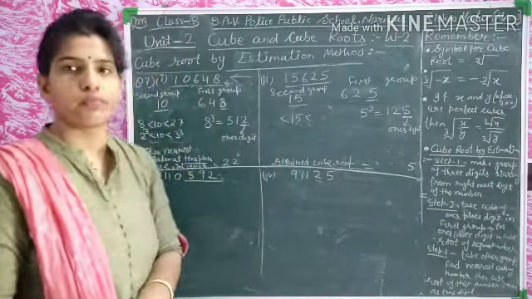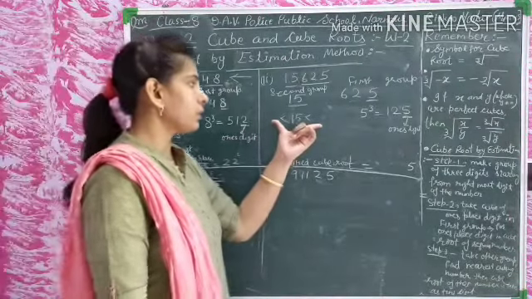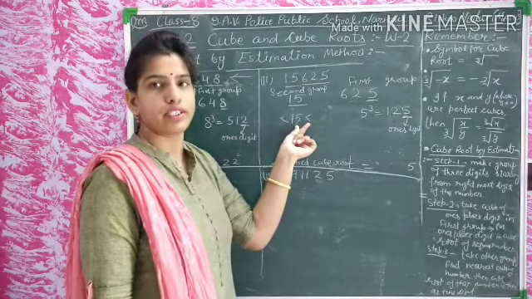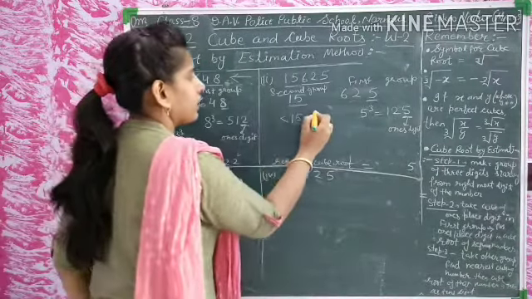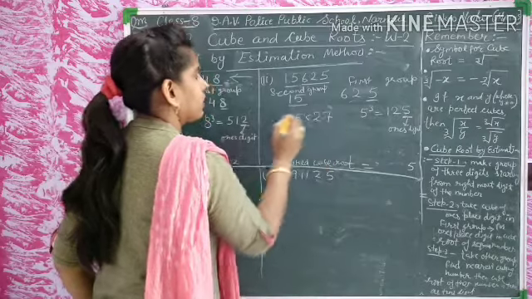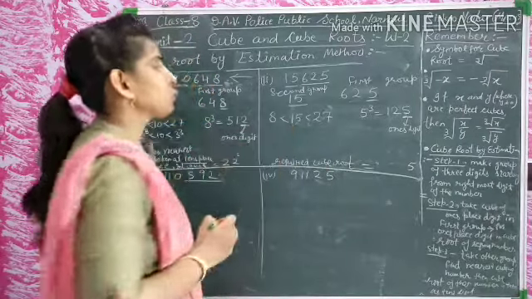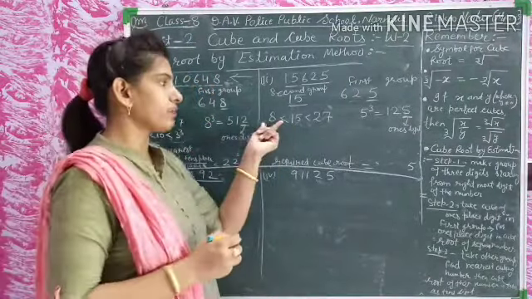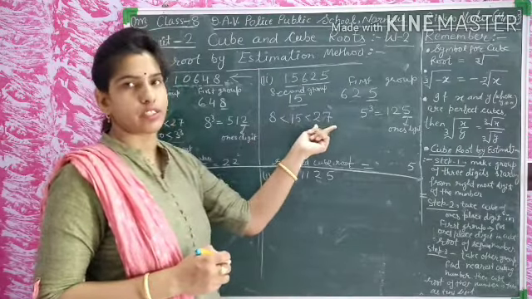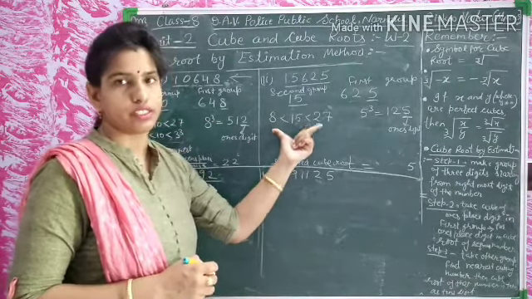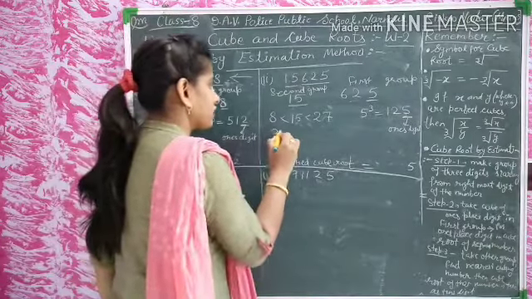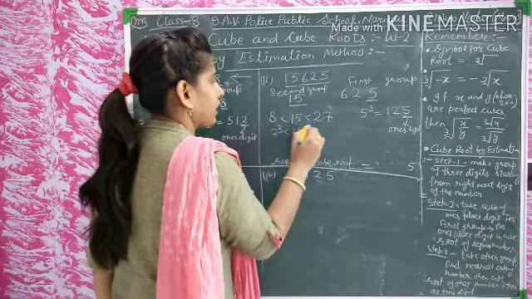There are two cubes between which 15 lies: 2 cubed is 8 and 3 cubed is 27. 15 lies between two cube numbers, 8 and 27. So 2 cube is less than 15, which is less than 3 cube.